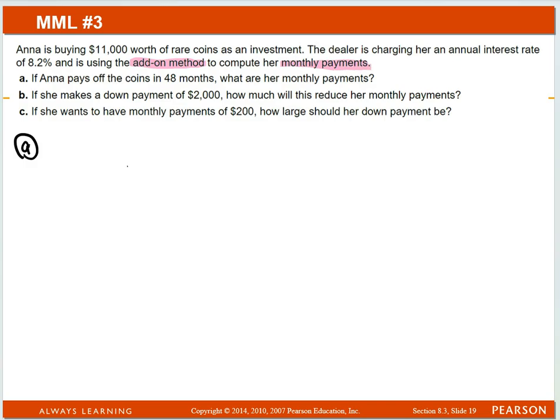All right, so the add-on method for the monthly payments, let's call monthly payments the MP. You're simply going to take the principal, add it to the interest, and then divide it by the total number of payments that you're going to have to make over the life of the loan.